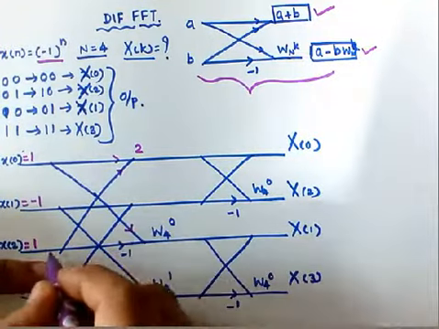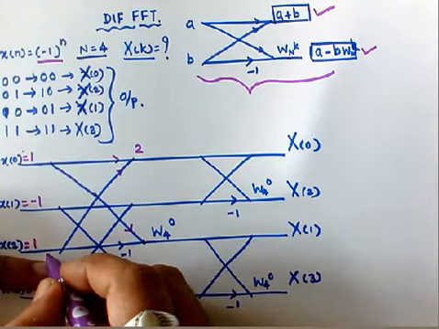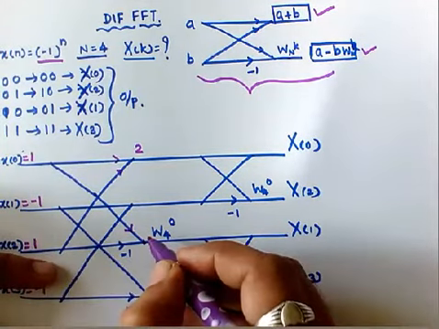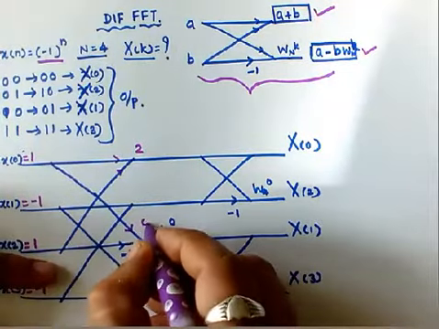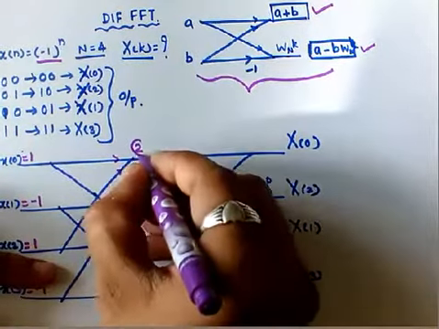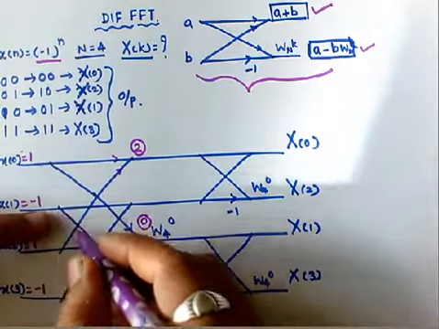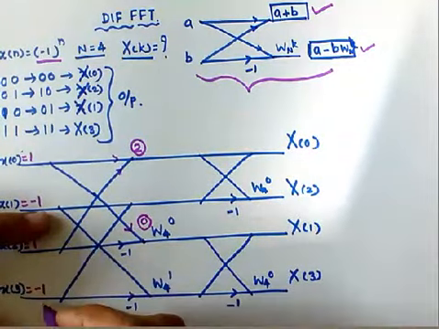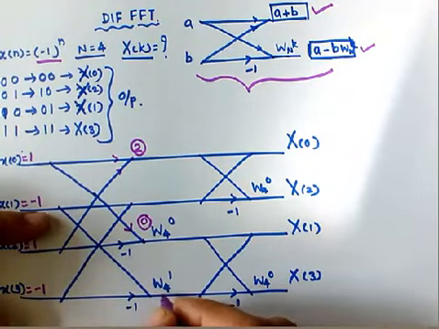Let's see it at this particular point. 1 minus 1 into W4 raised to 0. So obviously it results in a value that is 0. So at this point I will get 0. Again the same thing can be obtained over here. Minus 1 plus 1, it is into W4 raised to 1.